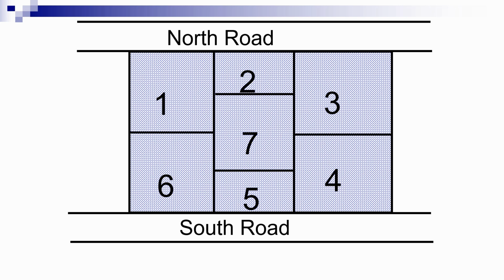Lots 1, 2, 3, 4, 5, 6 all have access to a public road, but lot 7 is in the middle and has no direct access to a public road. So if someone buys lot 7, they're obviously going to need access, and the way they will get it is by asking the court to recognize on their behalf an easement of necessity.